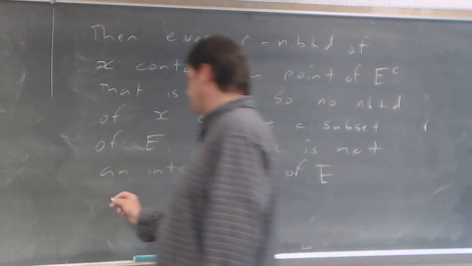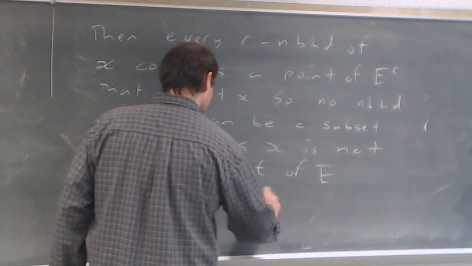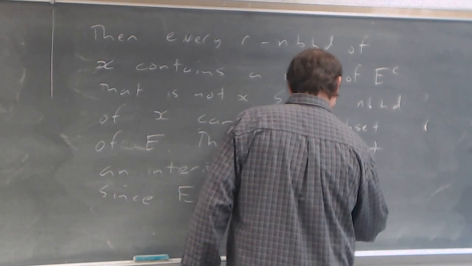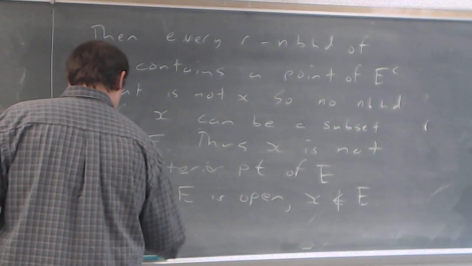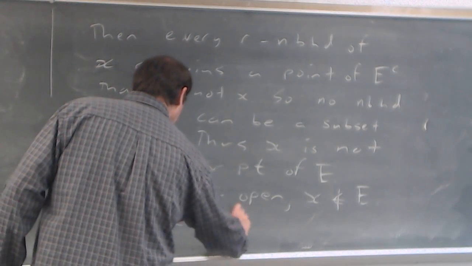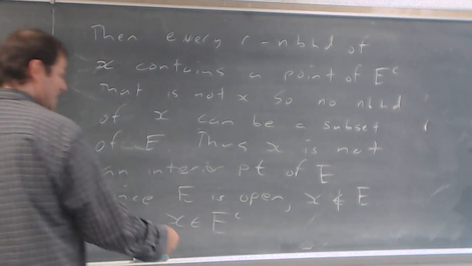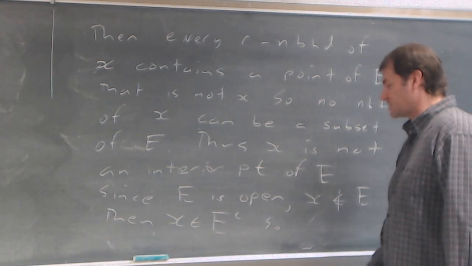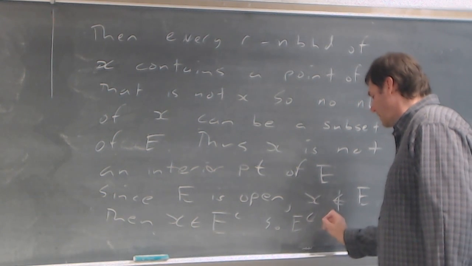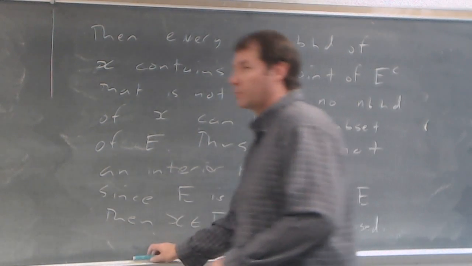So that means that x cannot be an element of E. And if x isn't an element of E, then x must be an element of E complement. So x was an arbitrary limit point of E complement, and it's in E complement. And so that means that E complement contains all its limit points. So E complement is closed, because that's what it means to be closed. That's half the proof.